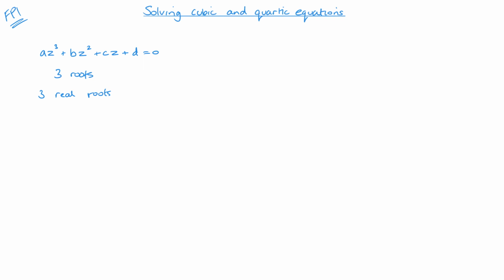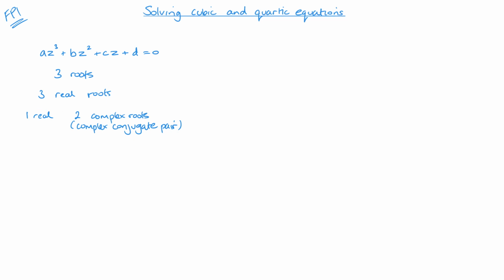Within complex numbers, you're going to get one real root and then one complex conjugate pair, so two complex roots. Just to repeat, a cubic has three roots.